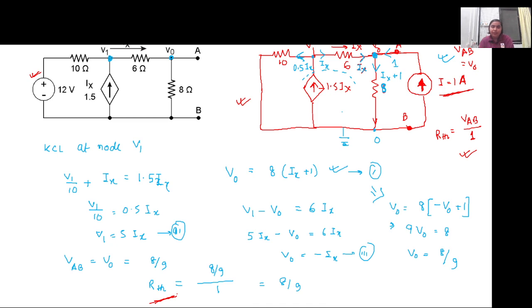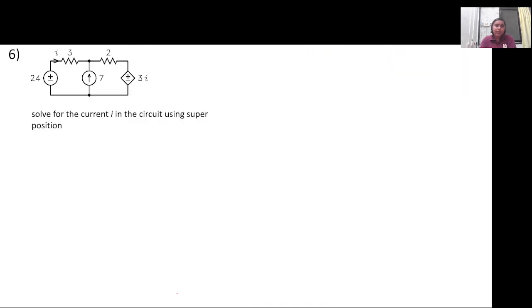Okay, then we'll look into another problem. Now that we are familiar with Thevenin's theorem, let's do one with the superposition theorem. All the network theorems can be applied to this kind of network. In superposition, earlier when only independent sources were present, we would take one source at a time and calculate its contribution, be it branch current or branch voltage, and add them up.